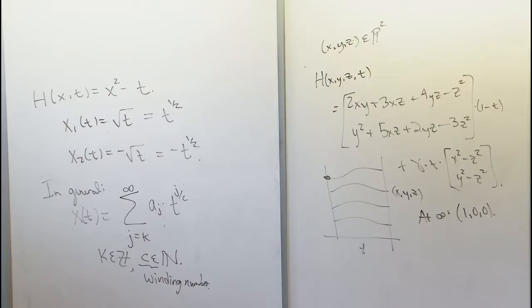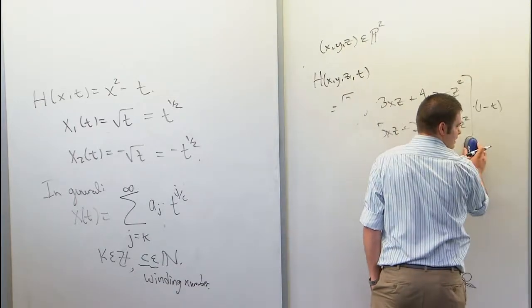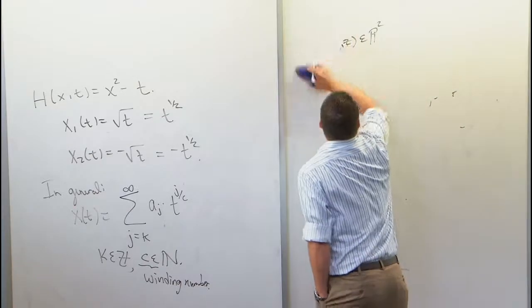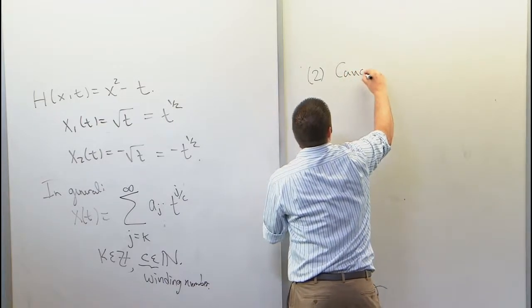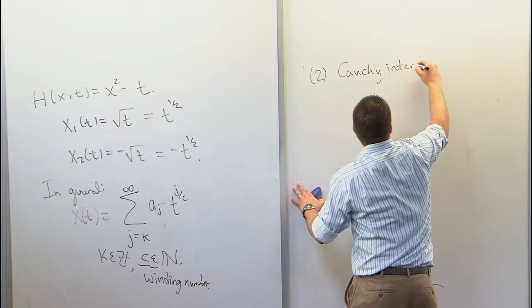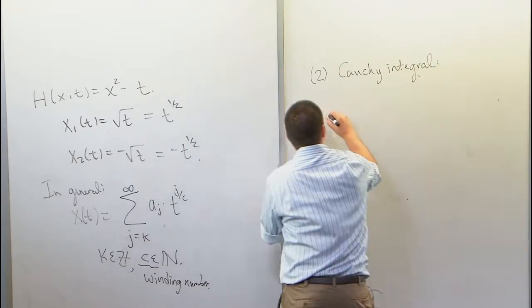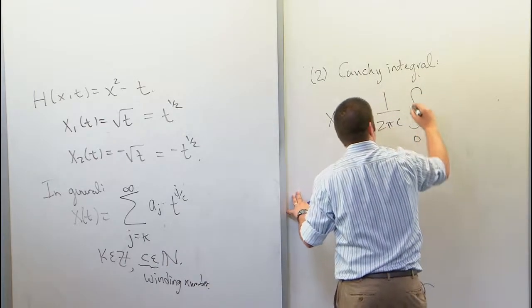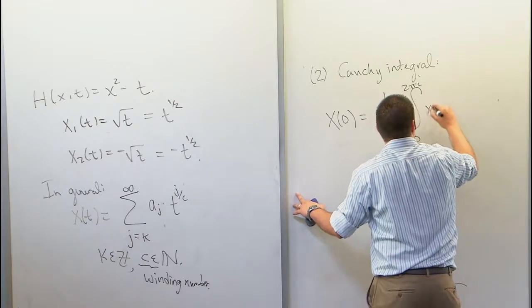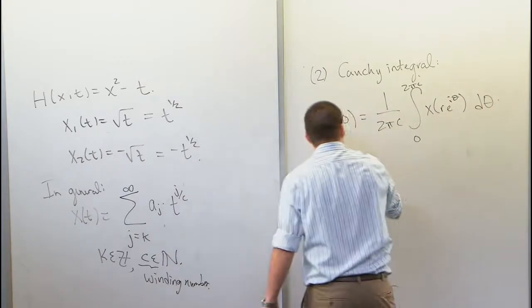So either we have a Poisson series and we try and approximate it, or we could just go the route of using complex numbers and do Cauchy integral. So this says that x of 0 is 1 over 2 pi c, integral from 0 to 2 pi c, x of r e to the i theta, d theta.